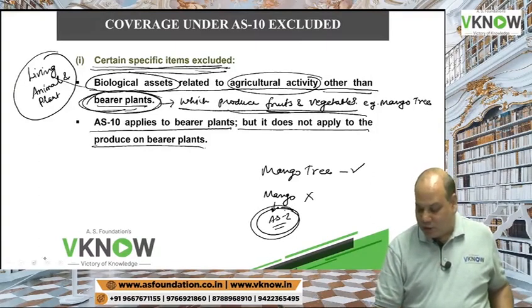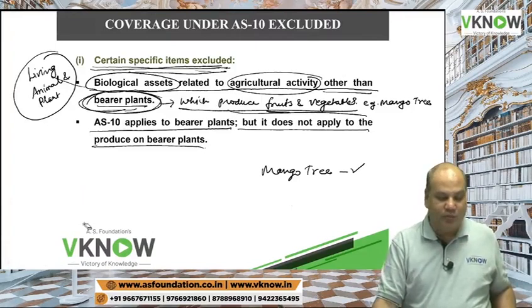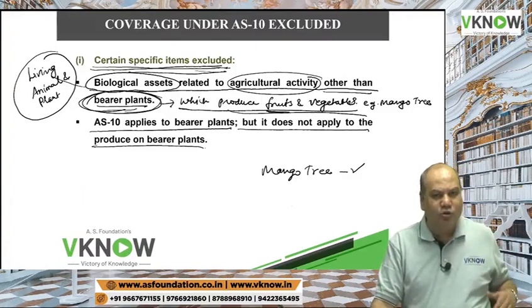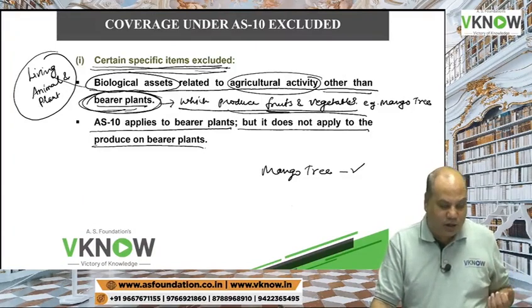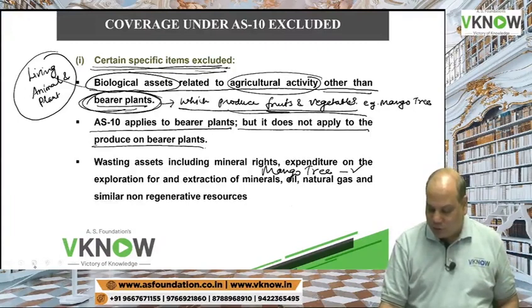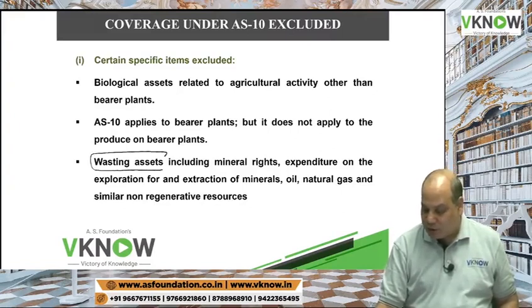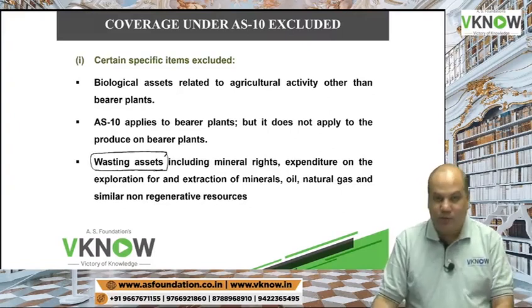So right now in India, really speaking, there is no standard which deals with fruits and vegetables which are producers' inventory. So they are usually valued at their NRV. So don't bother. Our topic is PPE. Let us not waste time on bearer plants, mango trees and mangoes. After the class you can enjoy mango if it is available. Otherwise banana is always available.